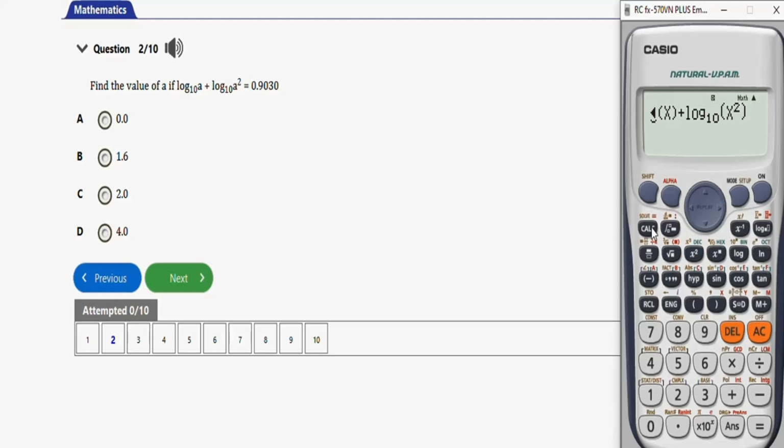Okay, to bring out the equality sign, press alpha and this calc button, equals 0.9030. So that's it, guys. To solve this, press shift and this calc button. When you get to assign x to be 0, very important, then press equal to solve this.